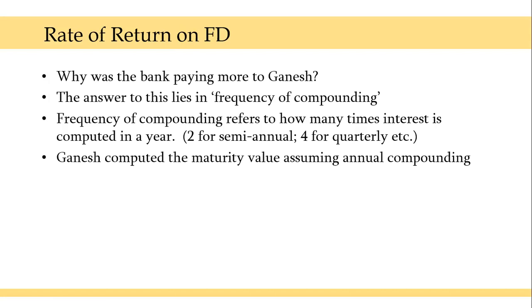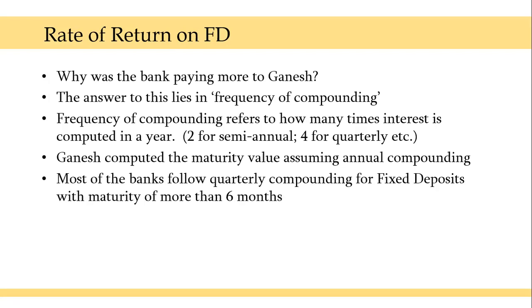Ganesh computed the maturity value assuming annual compounding. So the formula that Ganesh used assumed that compounding is done only once a year, whereas most of the banks follow quarterly compounding for fixed deposits with maturity of more than 6 months.